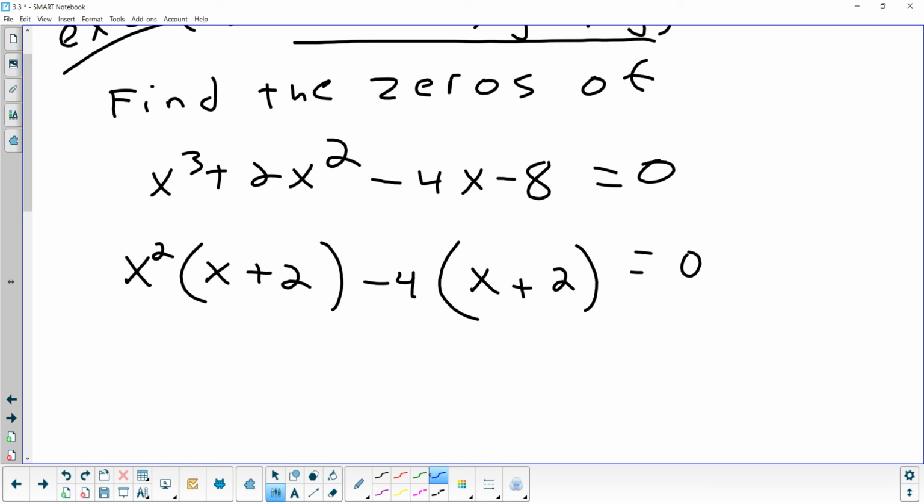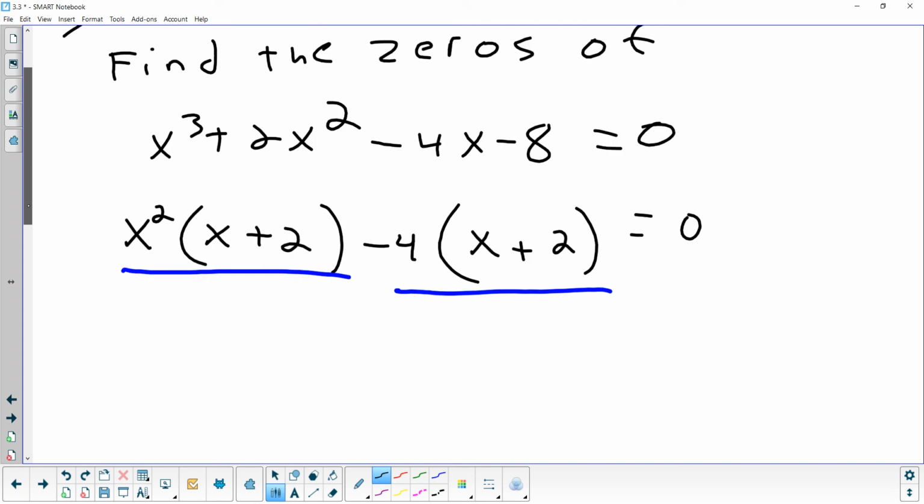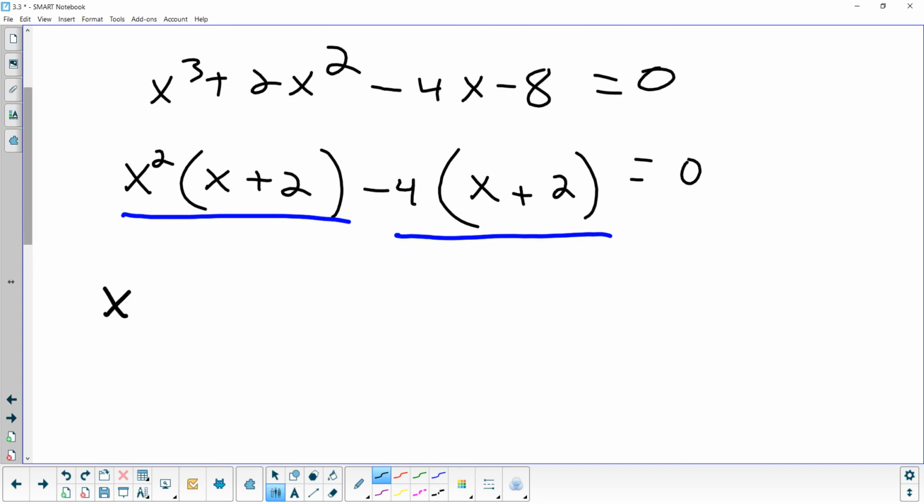Now, look at that and look at that. What do both of those have in common? X plus 2. They both have an x plus 2. So now, you factor a second time. Pull the x plus 2 out of each one of them. If you take it out of the first one, what's left? X squared.